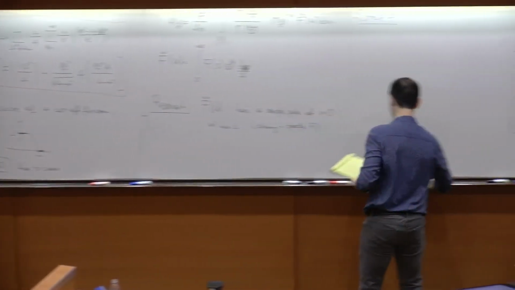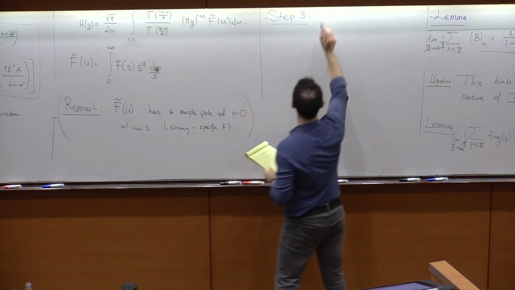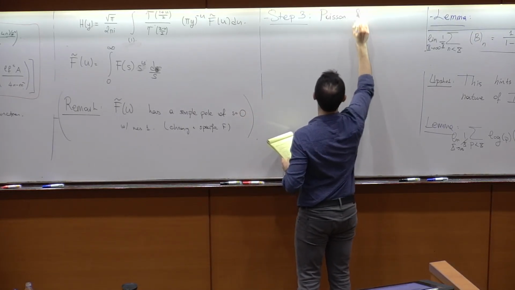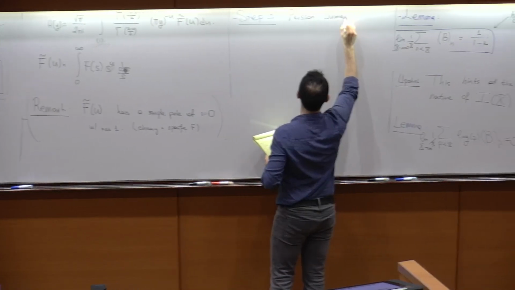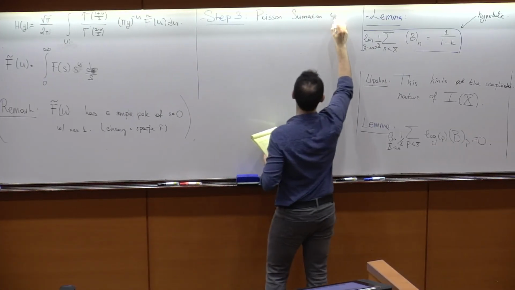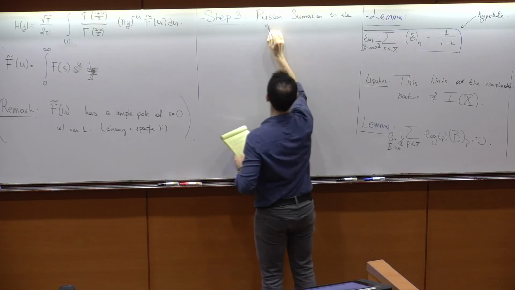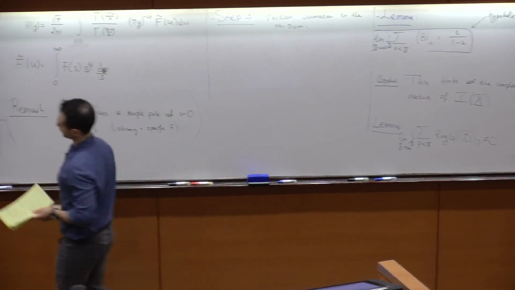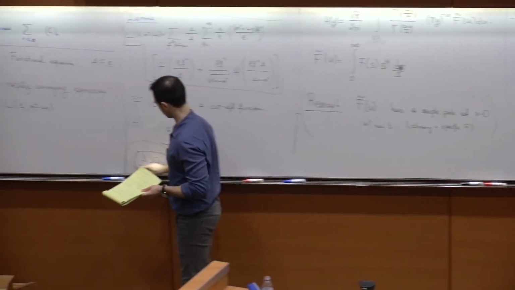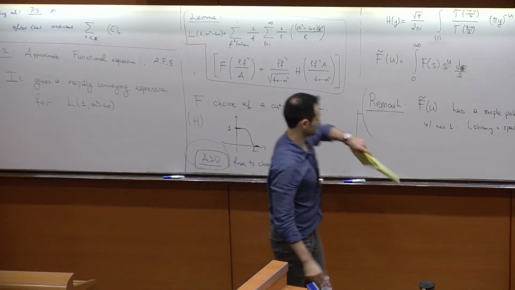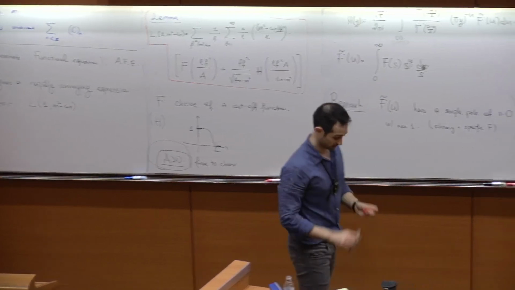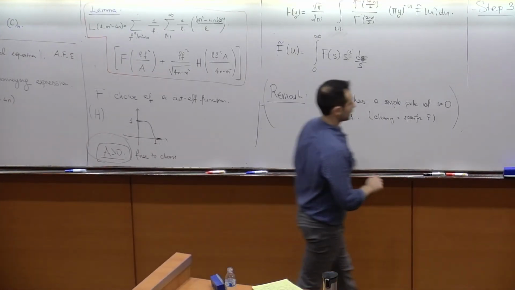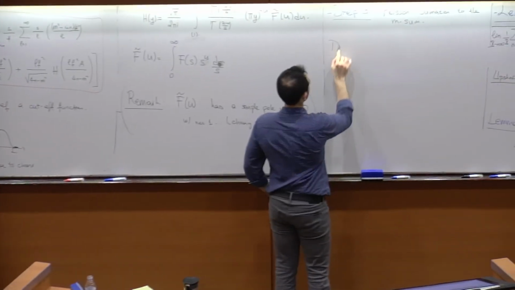And apply Poisson summation to the m sum. But we need to do one thing before. We had this extra parameter a that we were free to choose. Let me tell you in the last 5 minutes how to choose this in a way that would avoid a couple of problems. So, okay, digression.